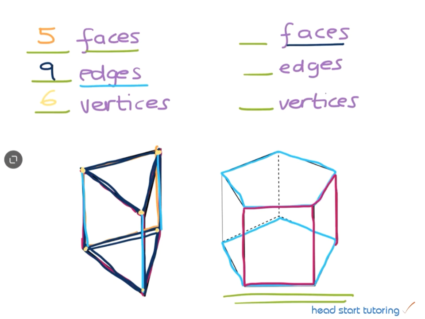Then we've got 4, 5, 6, and 7 faces altogether. Right, so we have got 7 faces in our pentagonal prism. 2 of those faces are pentagonal bases, and 5 of those faces are rectangular faces on the sides.